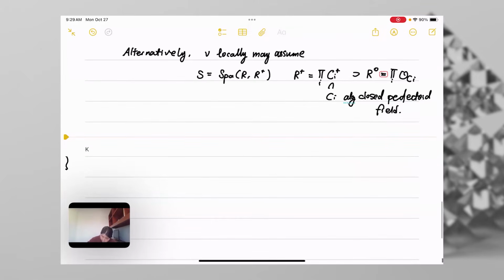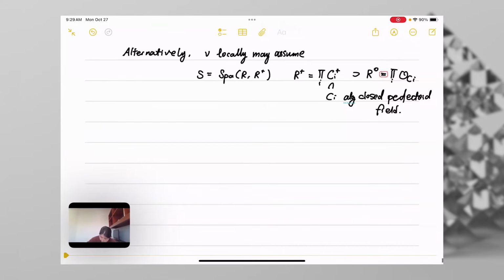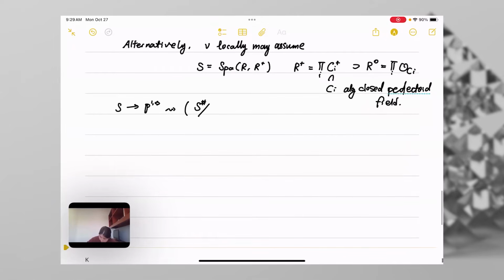So on such a test object, the map to P1 diamond is also the same as choosing an untilt of S as before, and then giving a p-divisible group over Spf of R circ sharp.